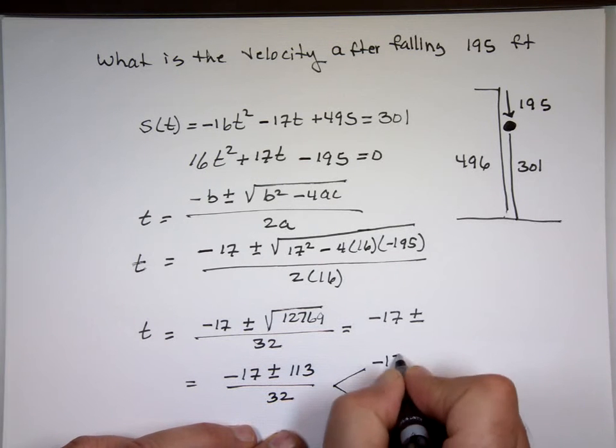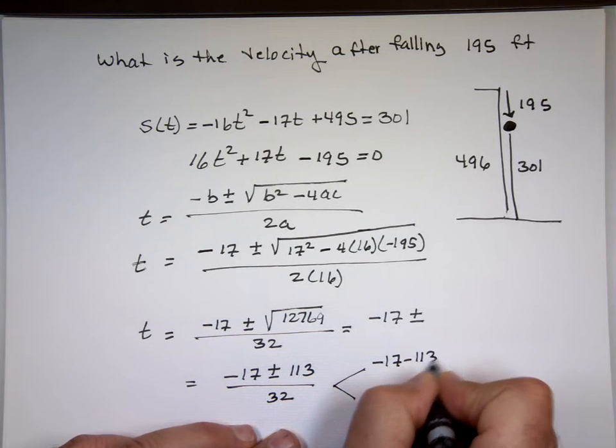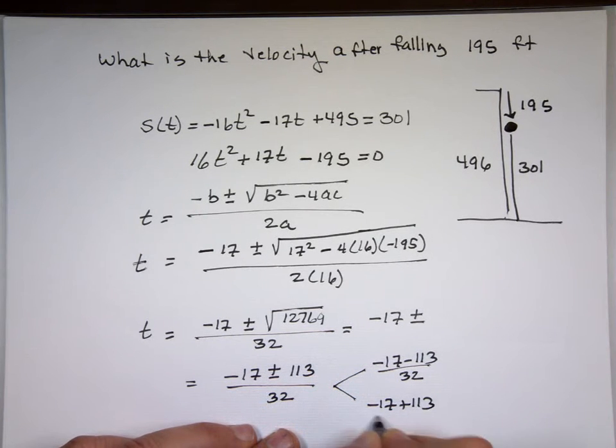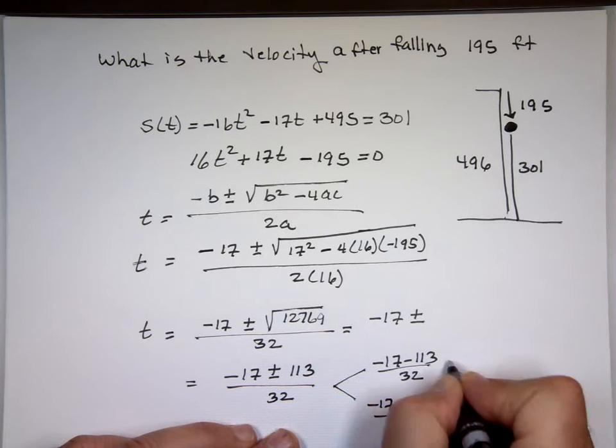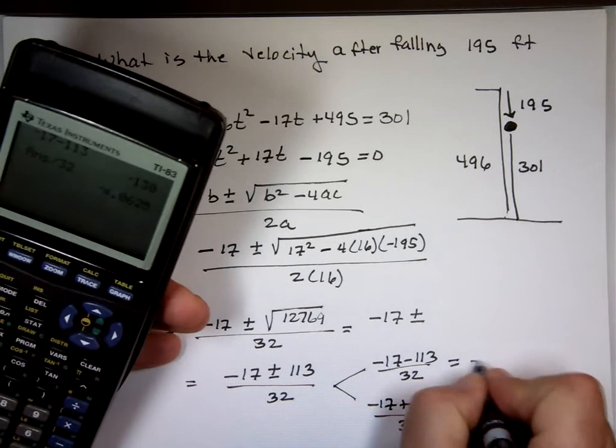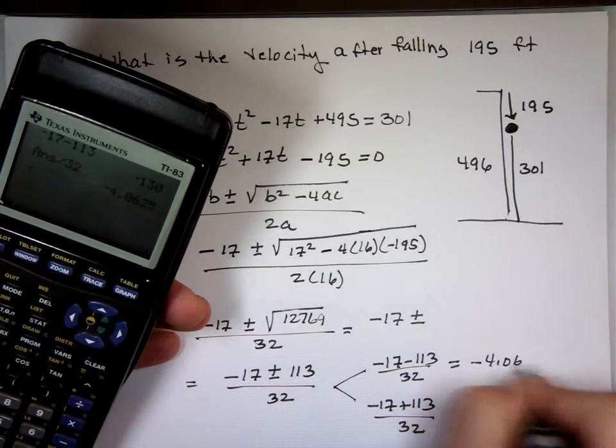Negative 17 minus 113 over 32, and negative 17 plus 113 over 32. Negative 17 minus 113 divided by 32 is negative 4.06 seconds. Throw that in the trash.